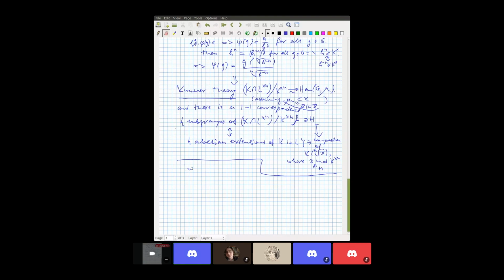So remark: this way we get some abelian extensions of period n, in the sense that the group is annihilated by multiplication by n.